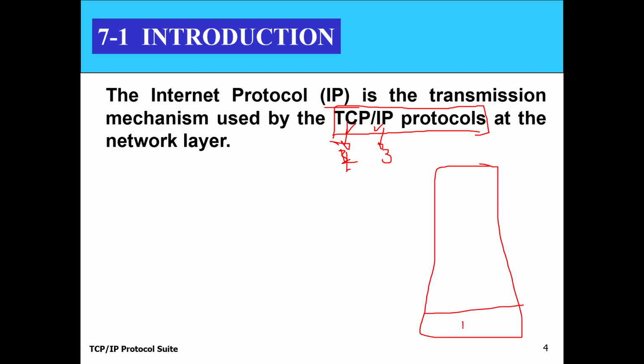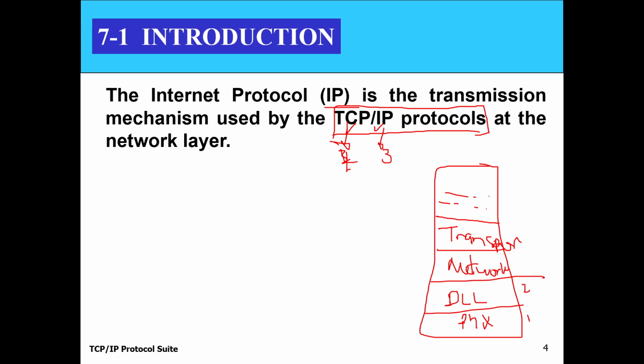We start with the physical layer, then after that we have the data link layer, then we have the network layer, then the transport layer. Then after that we have what we could call the application layer.